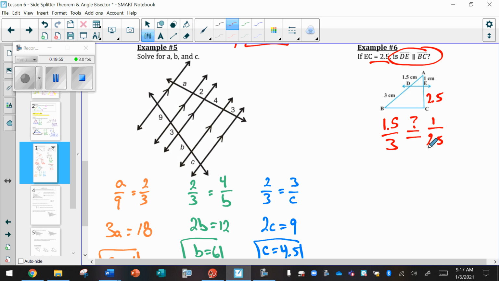You can either cross multiply here or reduce the ratios. If you cross multiply, you end up with 3 is not equal to 3.75. Since the ratios are not equal, that means the parts are not proportional, and no, they are not parallel.